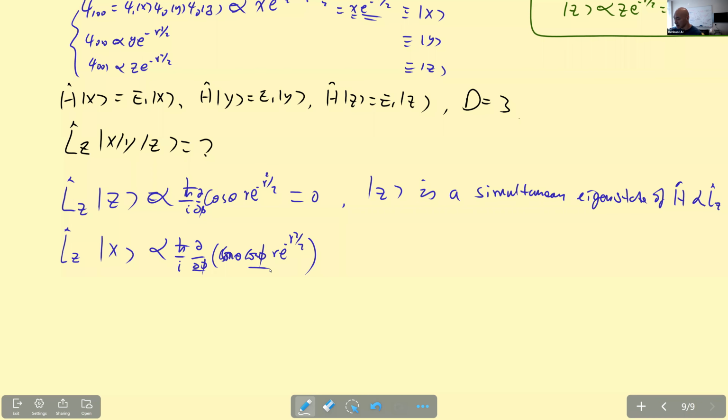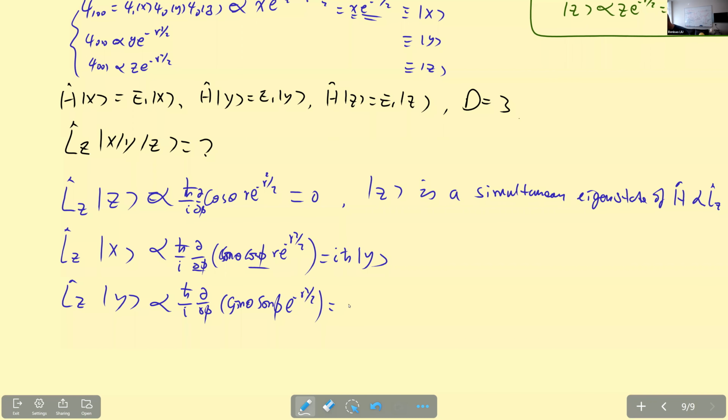So the result is i times h bar y, right? So Lz on the y state, h bar over i partial phi, sin theta sin phi, e to the minus r squared over 2. You do the differential with respect to phi, and this gives you cosine phi, so that is nothing but x. So that gives you minus i h bar x.